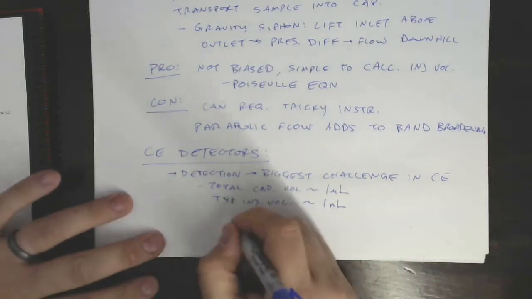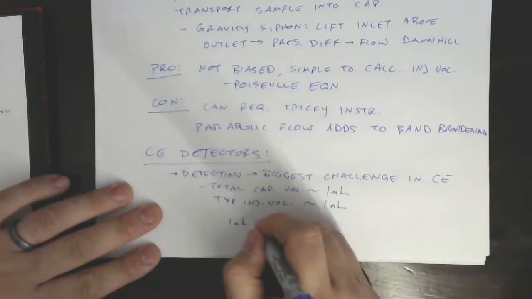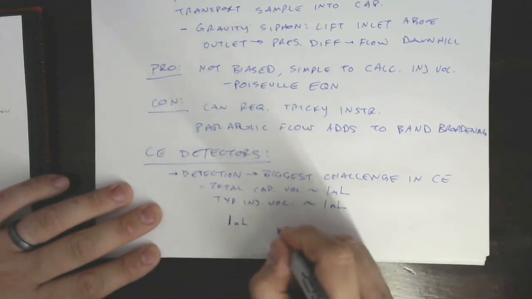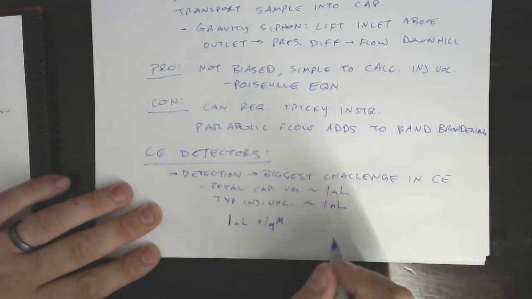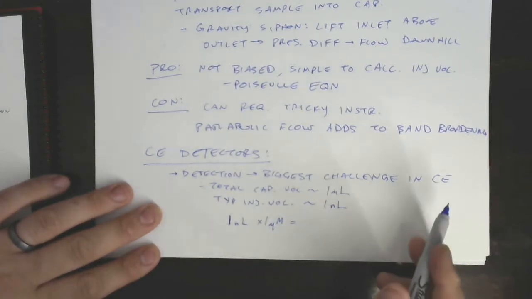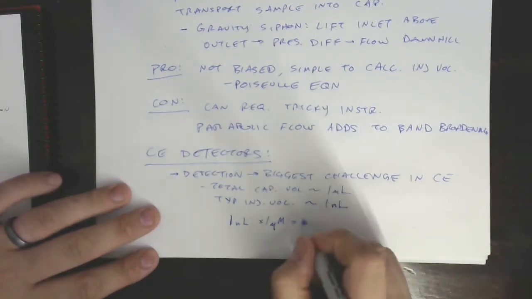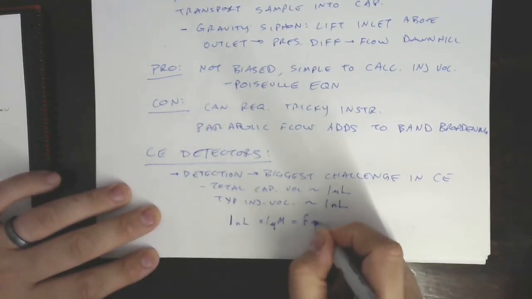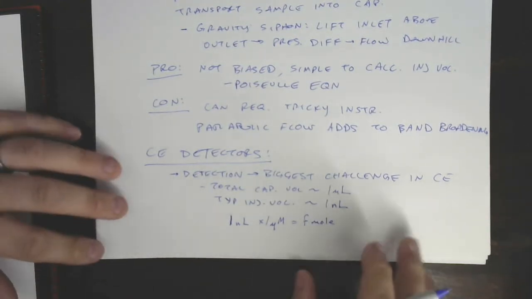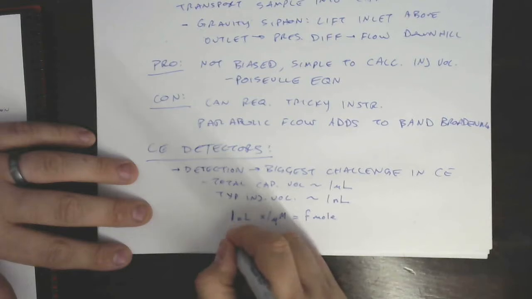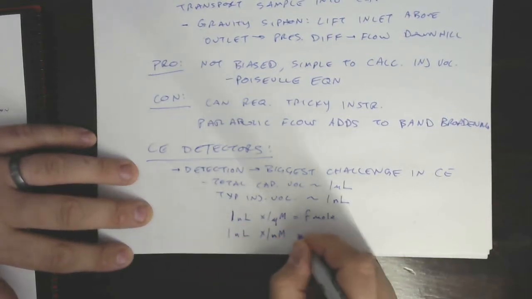Well, if we have 1 nanoliter of sample and we want to detect in that 1 nanoliter sample something at a concentration of 1 micromolar, that means we need a detection methodology, a mode, an instrument for detecting that can measure 1 femtomole of sample. Doesn't sound like a lot, right? What if we get all the way down to 1 nanoliter of sample and we want to detect something with 1 nanomolar concentration?